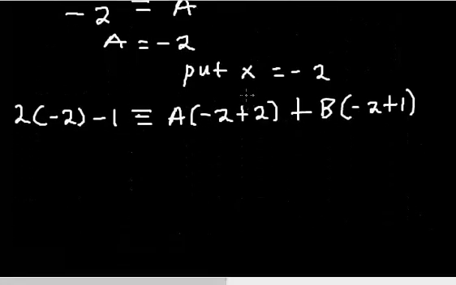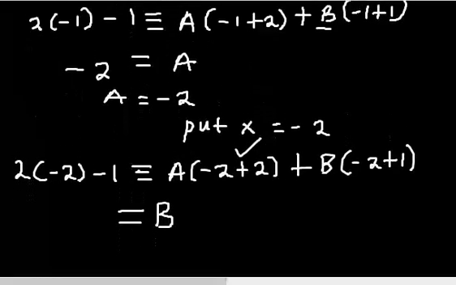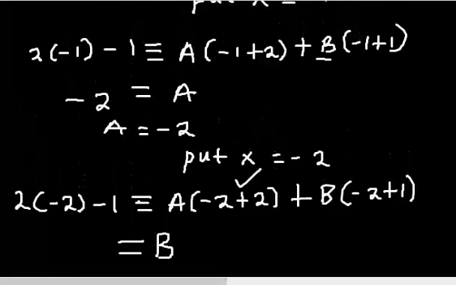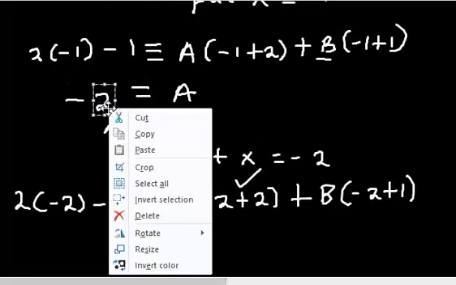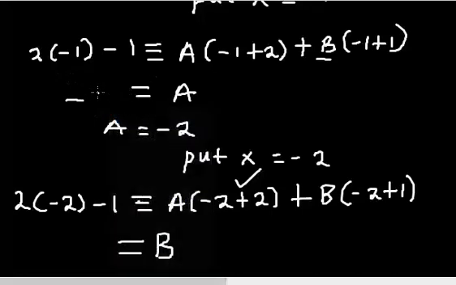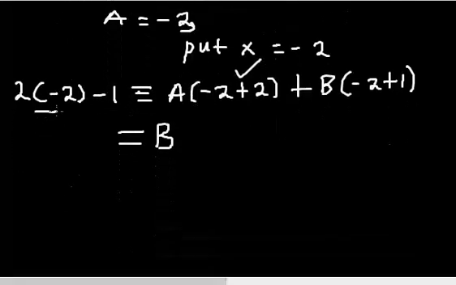Now this is 0, so I'm left with b. I made a mistake here. This is minus 2 minus 1, this should be minus 3. So a is minus 3. Now this is going to be minus 4 minus 1, so b is minus 5. So b is equal to minus 5.